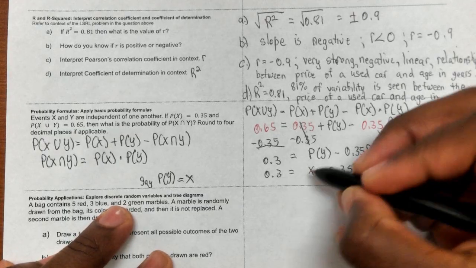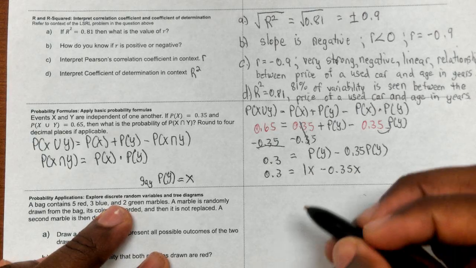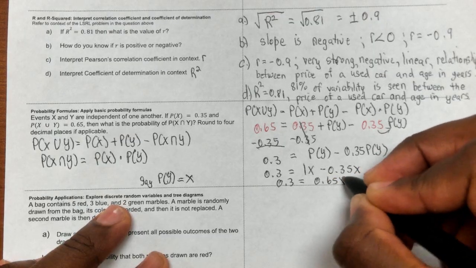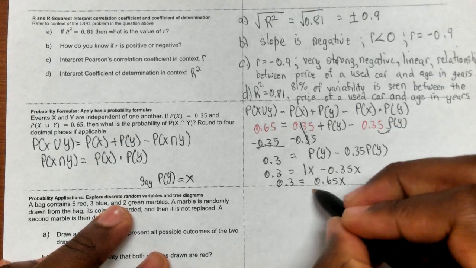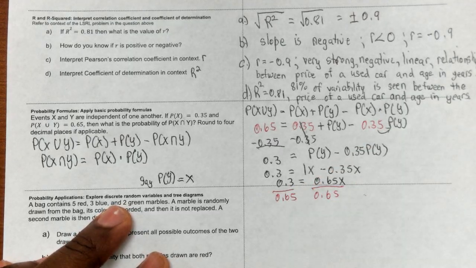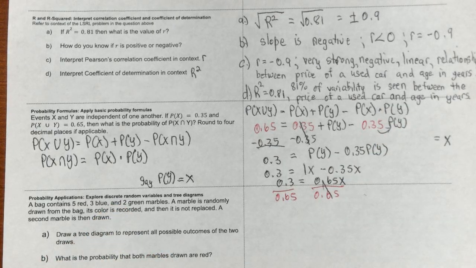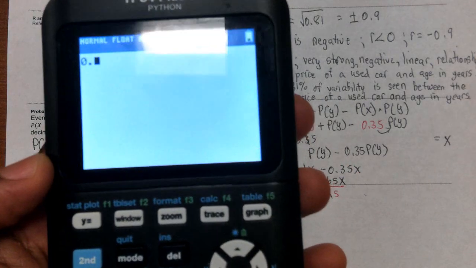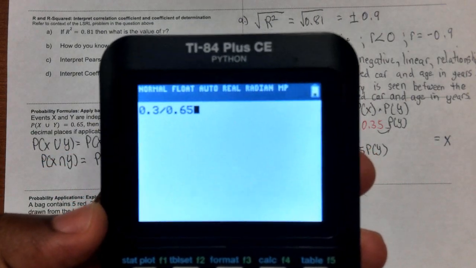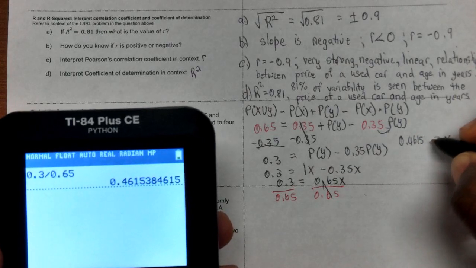Technically in front of this x is a 1, so I can go ahead and combine these terms. 1 minus 0.35 is 0.65, so this would be 0.65x. Then all I need to do now is divide both sides by 0.65. And we get that x is equal to 0.3 divided by 0.65, which is 0.4615.